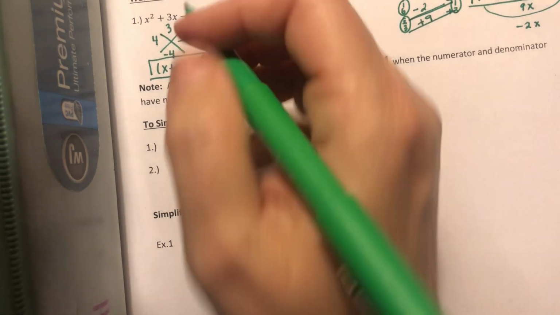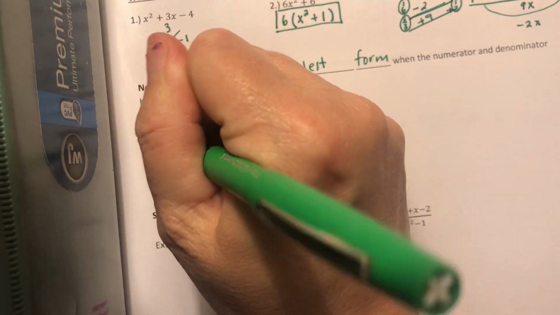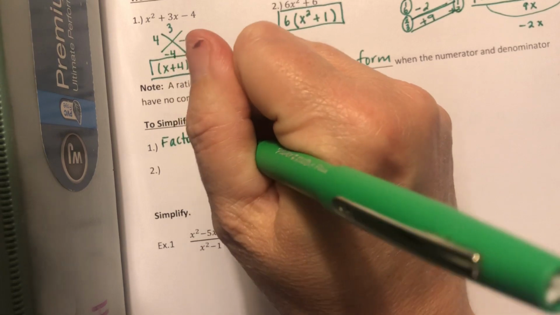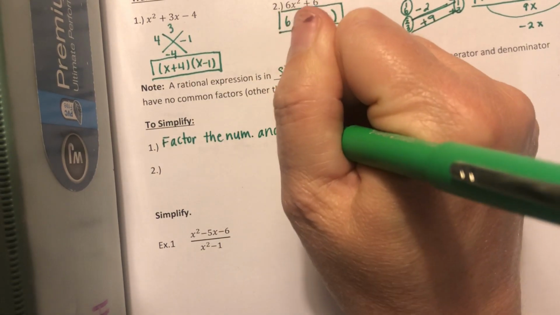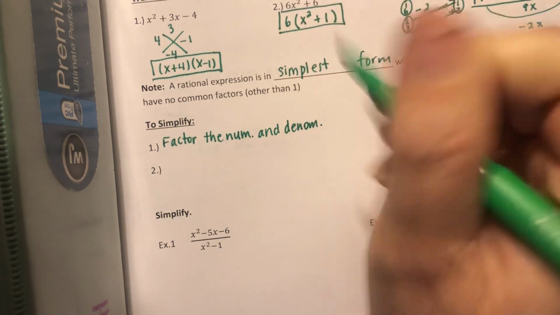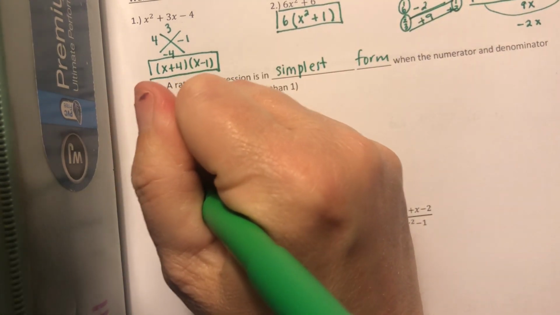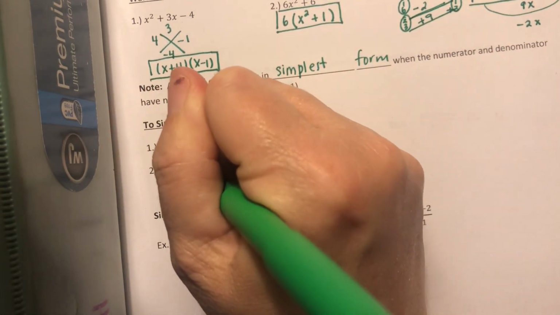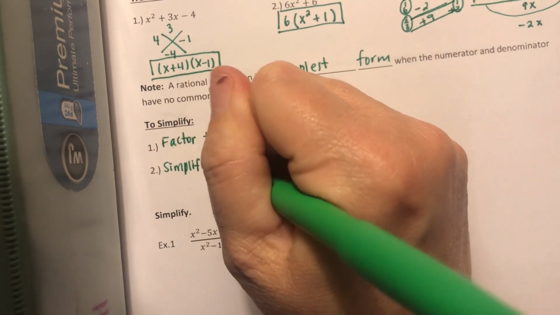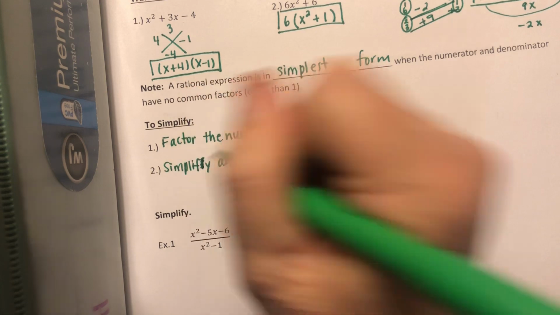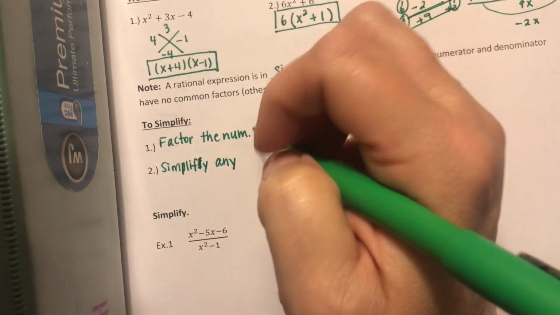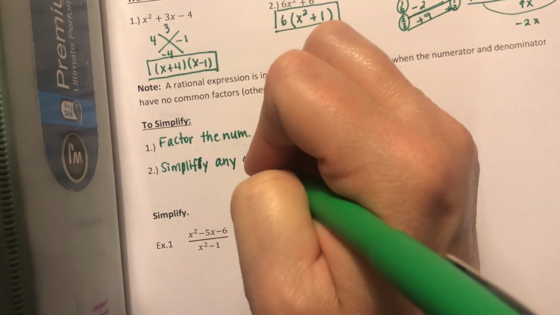So in order to simplify, we're going to factor the numerator and denominator. And then we're going to simplify any common terms.